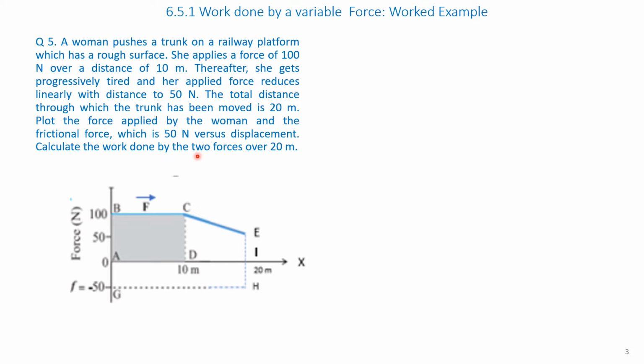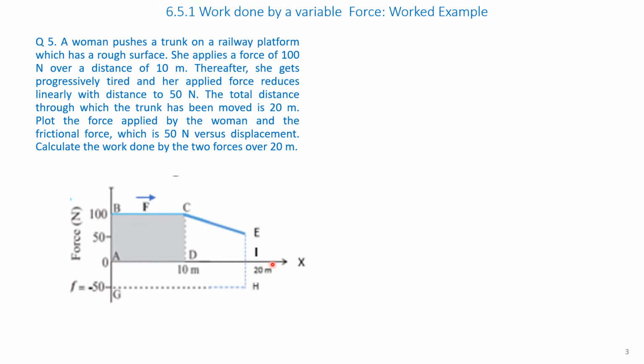The plot of the given problem is shown in the figure displayed before you. This plot has the x-axis wherein we have marked displacement. The initial position is 0, that is A, and 10 meters and 20 meters are shown.